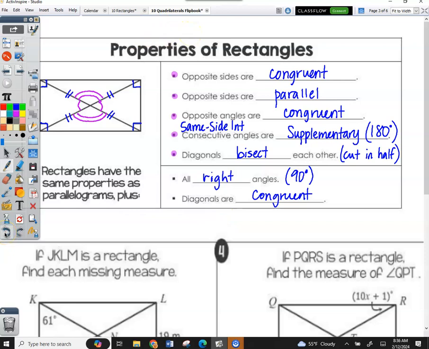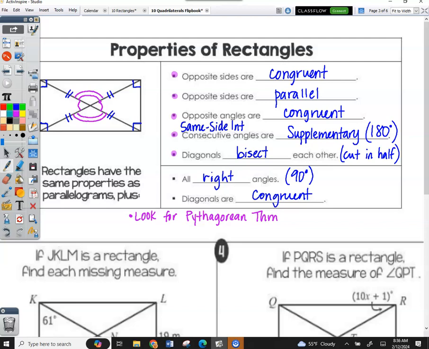I want you to add the property. Look for Pythagorean theorem, and that's just to remind you that sometimes the Pythagorean theorem is going to come into play.